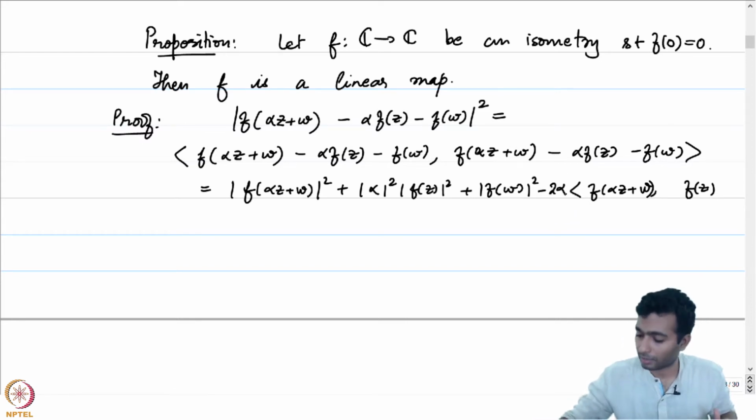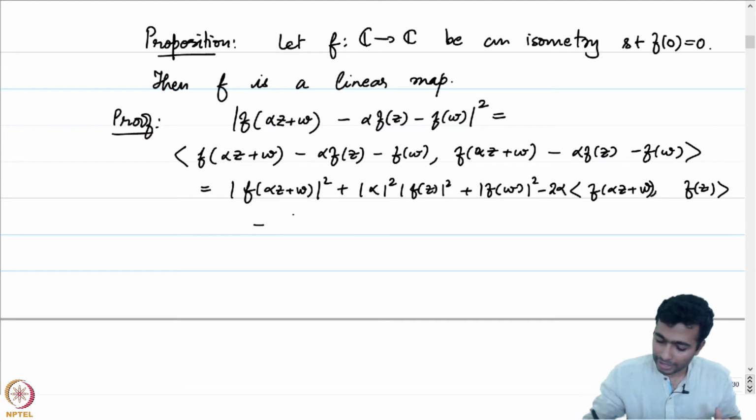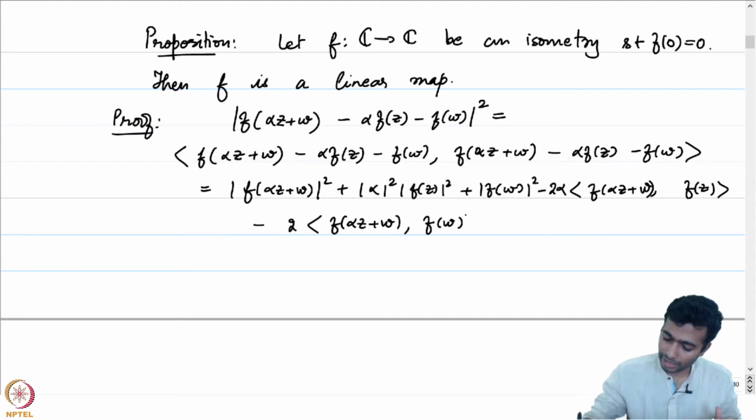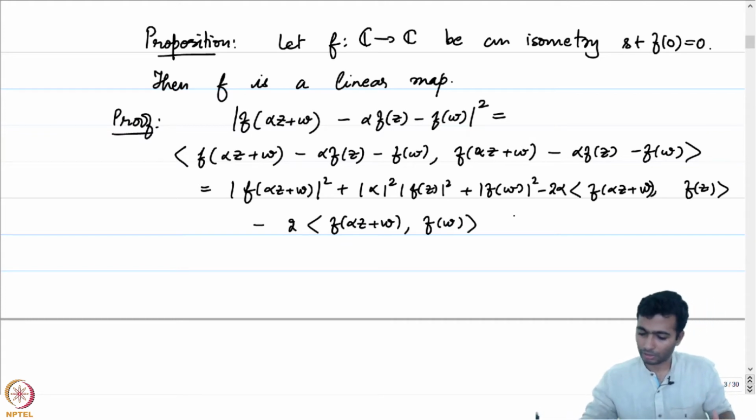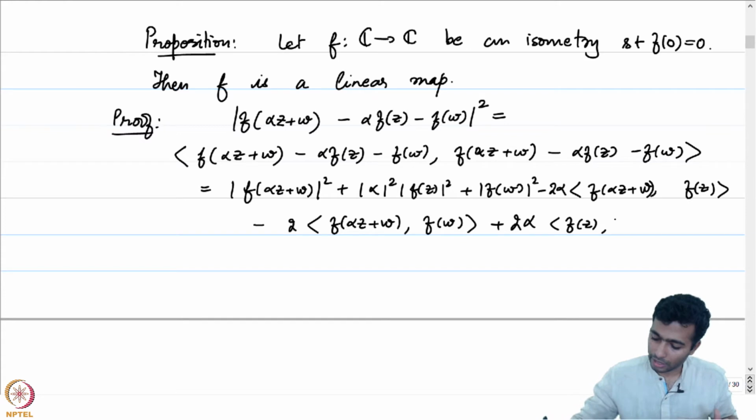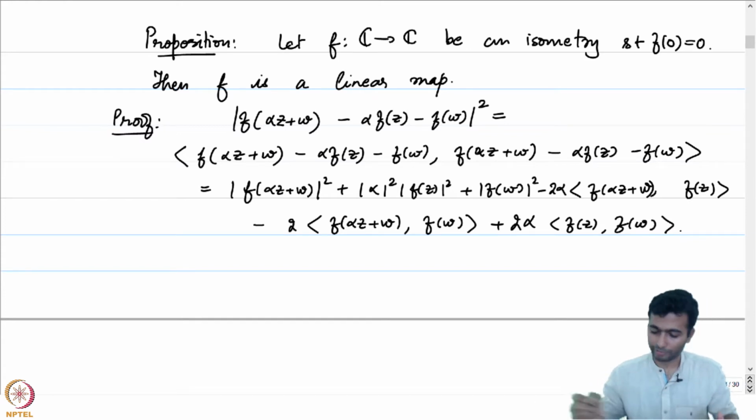Remember, here alpha is a real number. Minus 2 times f of alpha z plus w with f of w, and there is one more term, plus 2 times alpha times the inner product of f of z and f of w. I hope I have not made a mistake.